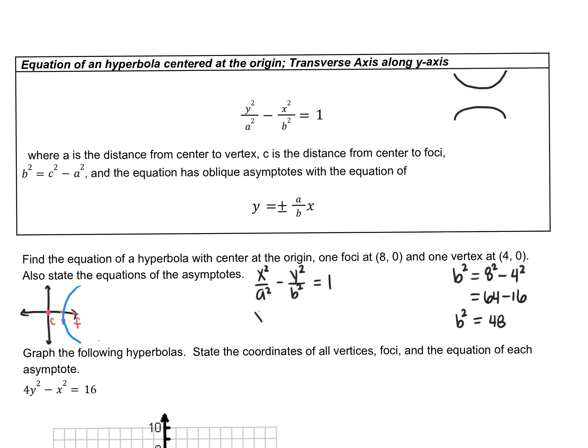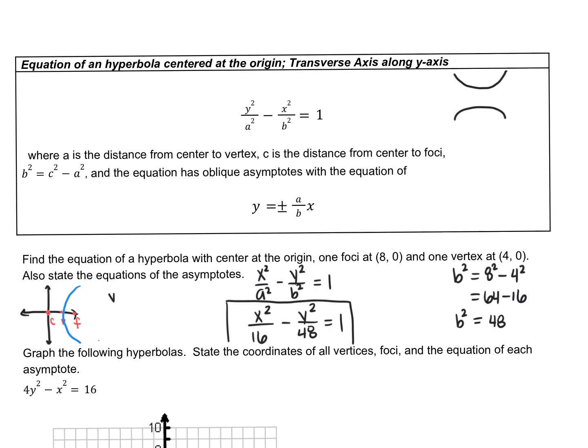So when we write our equation, we'll have x squared over 16 minus y squared over 48 equals 1. And that's the equation of our hyperbola. The last thing it wants us to find is the equation of our asymptotes.